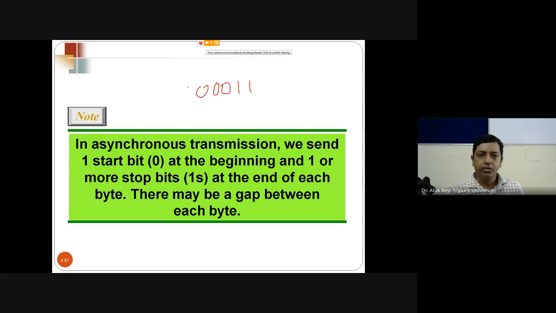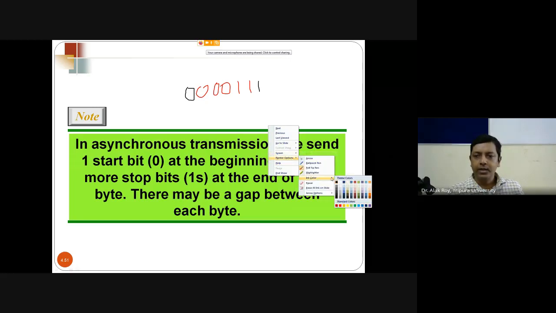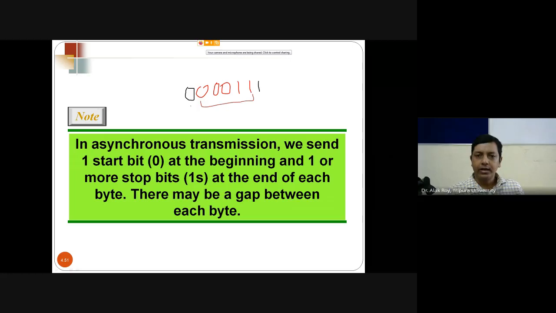Say this is the start bit, and whenever it gets 1, it will stop. So this is your data, where these are the extra 2 bits used for synchronization. Since you are not using clock, it is known as asynchronous transmission.